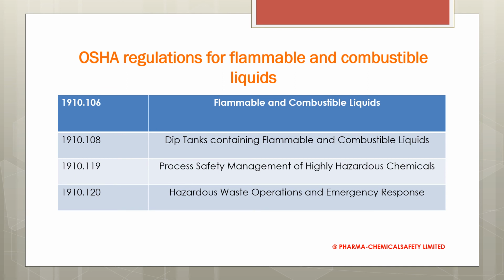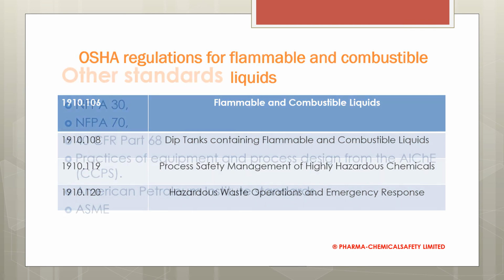If you exceed a certain amount of volume during handling and storage, now you're going to be governed. Your facility is going to be under PSM, the process safety management system. That is 1910.119. Then there is Hazardous Waste Operations and Emergency Response, 1910.120.